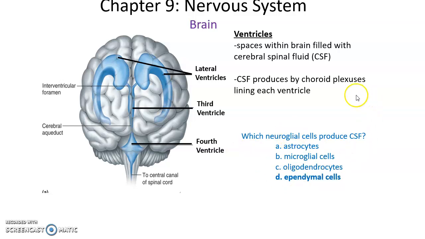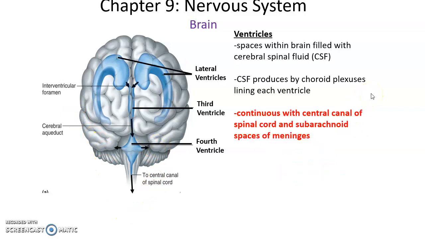So epidermal cells pull fluid out of the bloodstream to create the cerebral spinal fluid that then flows through the lateral ventricles to the third, to the fourth, and then around the brain and spinal cord. And again, it's worth pointing out that all of these structures are continuous with each other and continuous with these subarachnoid spaces, and has sort of a flow or current to move the materials around the spinal cord and brain.